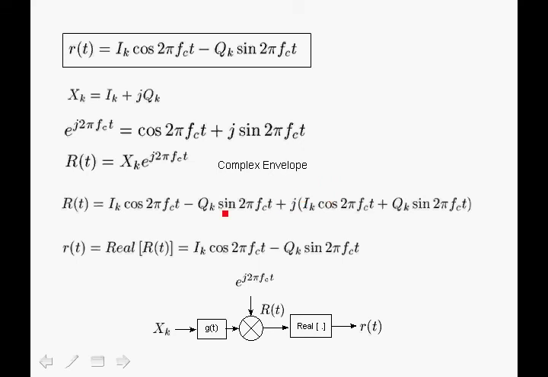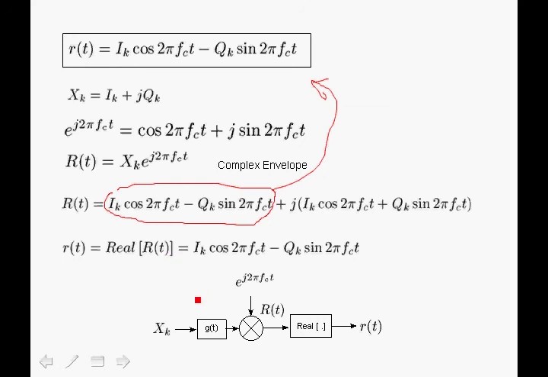And we notice that r of t is just the real part of the complex envelope, capital R of t. So if we take this part right here, then it's the same as r of t over here. So we can actually represent r of t, the quadrature modulated signal, as the real part of capital R of t, which is the complex envelope.